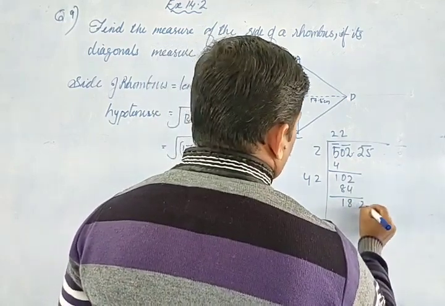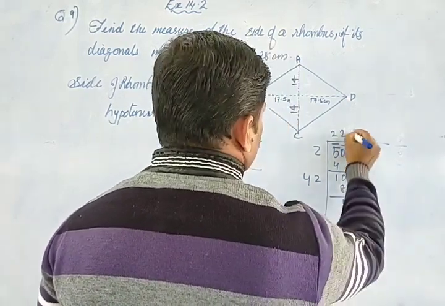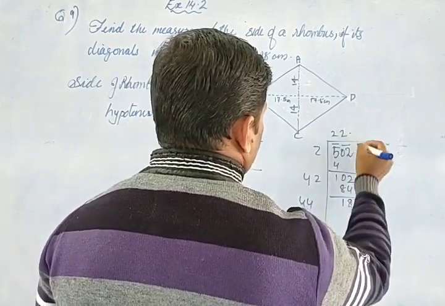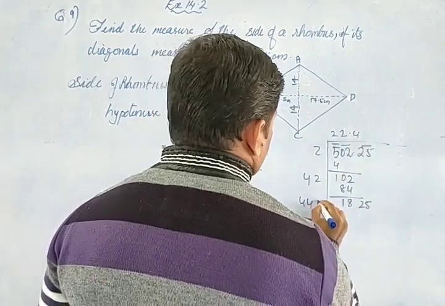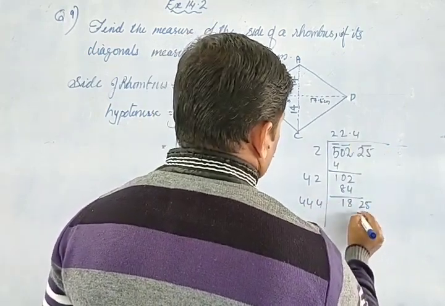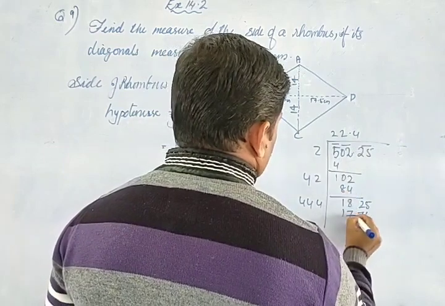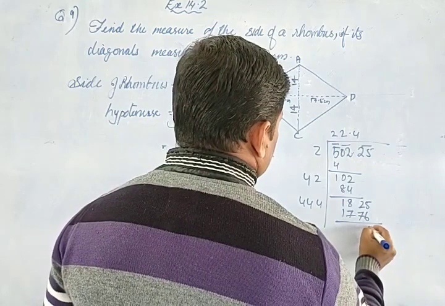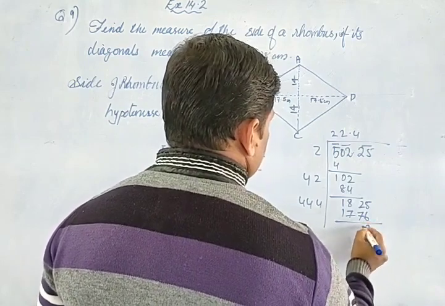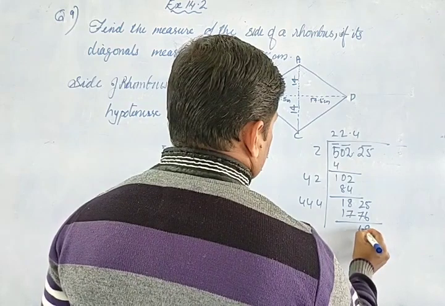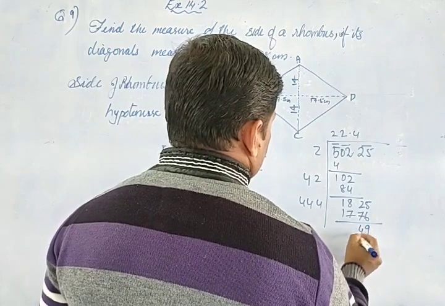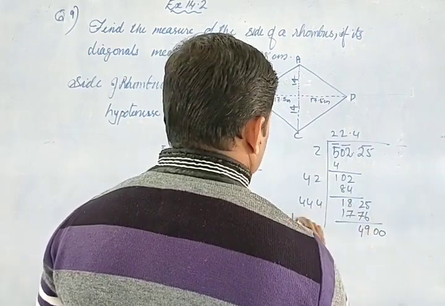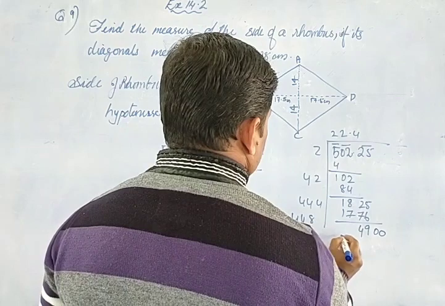The next one we bring down, 44, and 4 times. One 767. Again we subtract. So next 20 we place, 1 time.